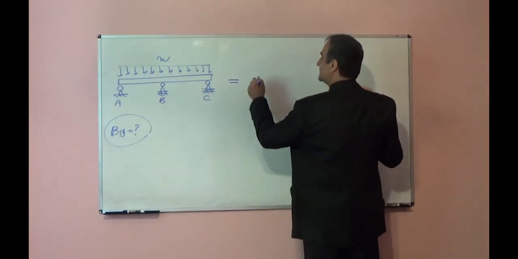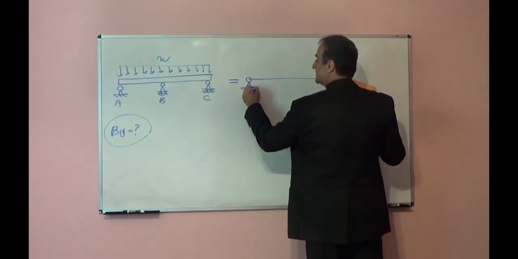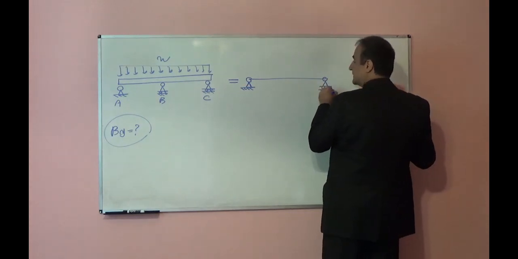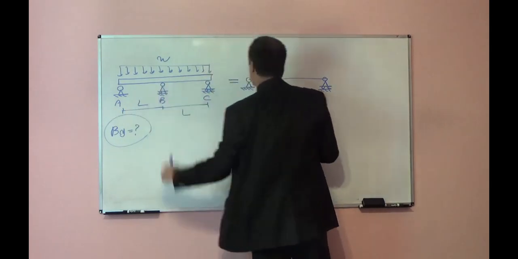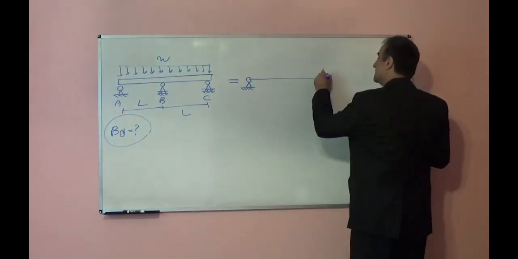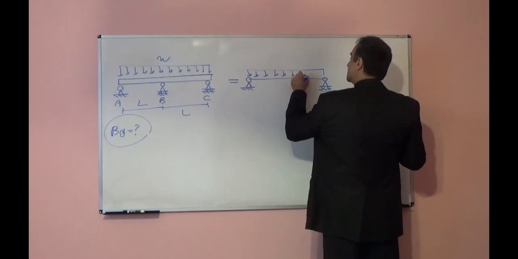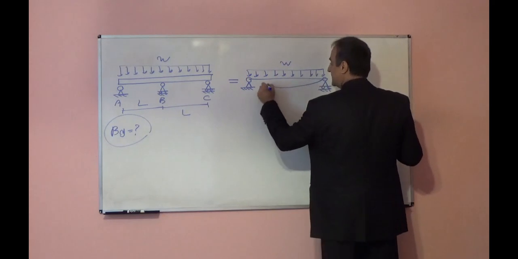Or here it is a very simple problem. We can use superposition. This is L, this is L. I can remove that support and apply the external load. If I apply the external load, this beam will deform.